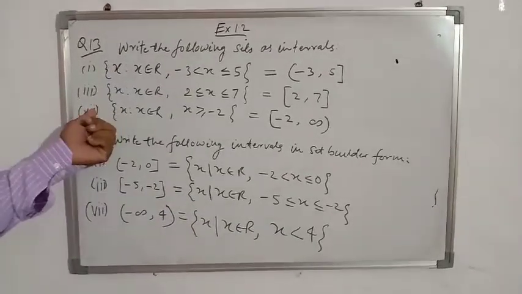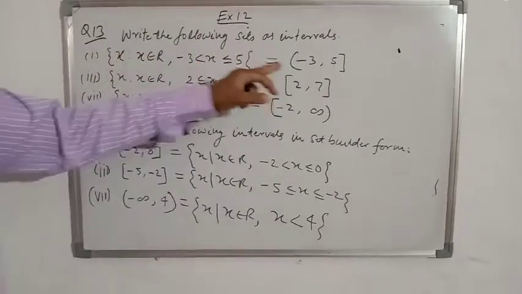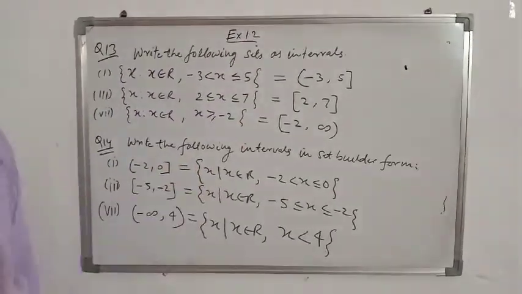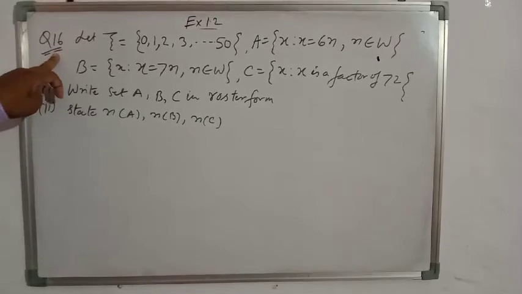So in this way we can write from set builder form to the interval, and from interval to the set builder form. Now see question number 16.